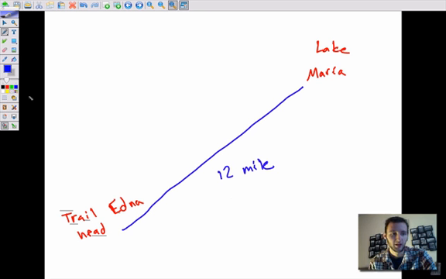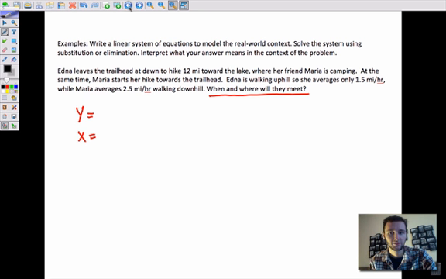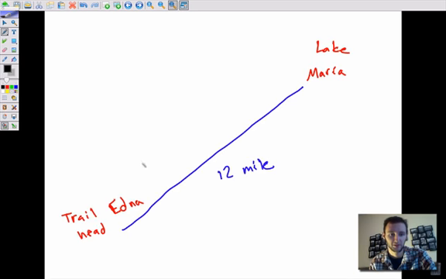If we go back to the problem, Edna starts moving towards the lake, and since she's walking uphill, she walks a little slower, so it's 1.5 miles per hour. So Edna is going from the trailhead to the lake at 1.5 miles per hour.